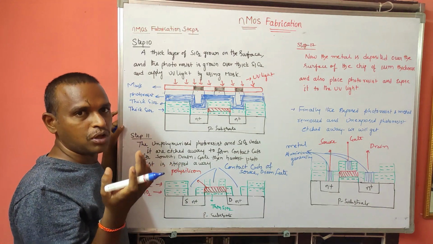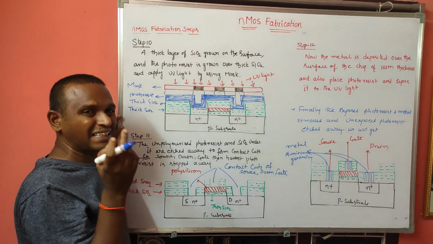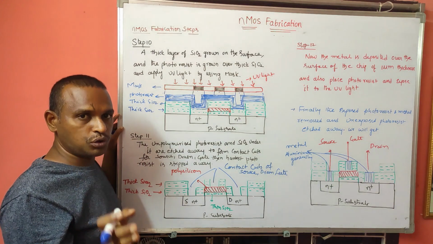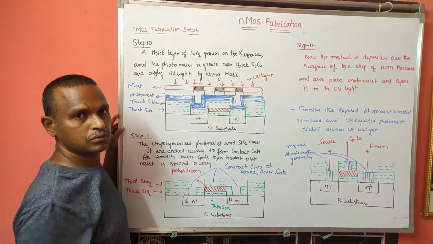Okay, so that hardened material can be removed, and at the same time we have to remove the unexposed photoresist. Under it we have what? SiO2 also.